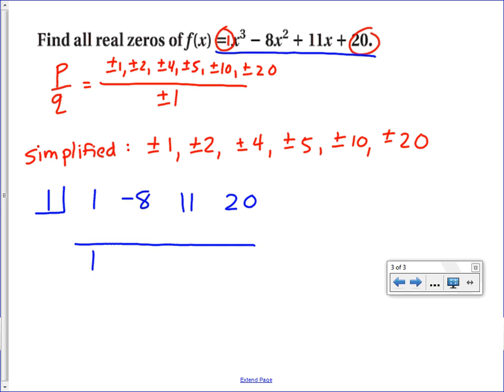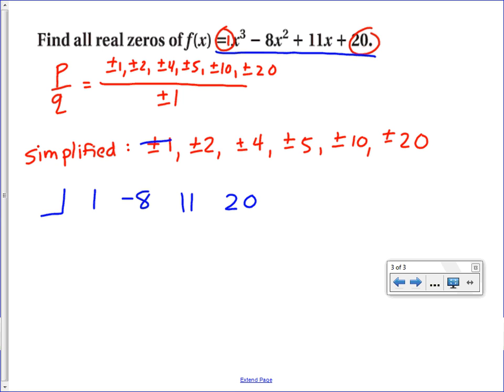We'll bring down 1, and then multiply, add, and then multiply, add, and then multiply, and then add. Now I got 24 here. That's not a 0, and I wanted it to be a 0. So since this one doesn't work, I'm going to erase it. I will leave my coefficients there, and I'm going to put something else in the box, knowing that positive 1 did not work, so I'm crossing it off my list.